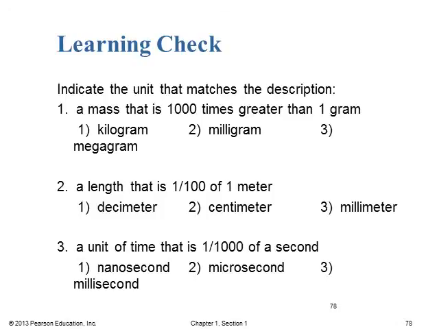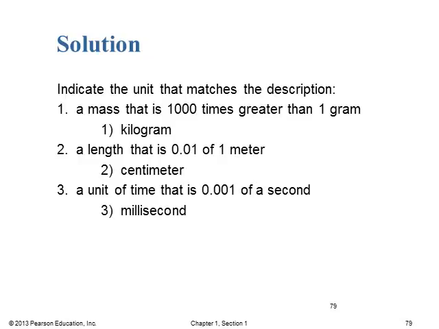Then in number 3, a unit of time that is 1/1000th of a second. 1/1000th is milli, so that will be millisecond. You'll have to remember what those prefixes mean, as that will not be provided for you on the test. You'll have to know what those are. And there you see the answers.